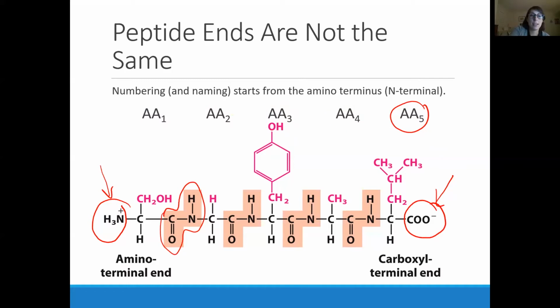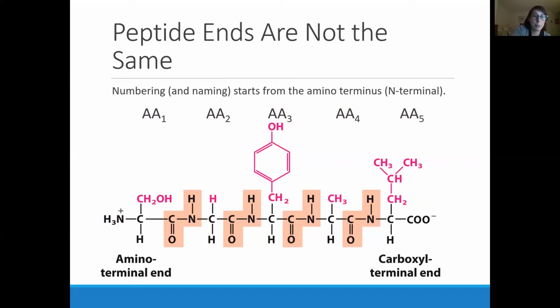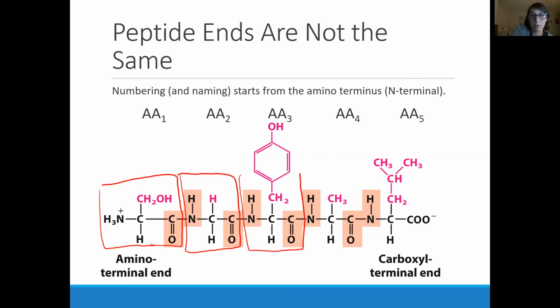Dissecting this up, you can see our original first amino acid here, and it goes all the way essentially to here, where it is then joined by the next amino acid by a peptide bond, and so on and so forth. This one's all the way up here.